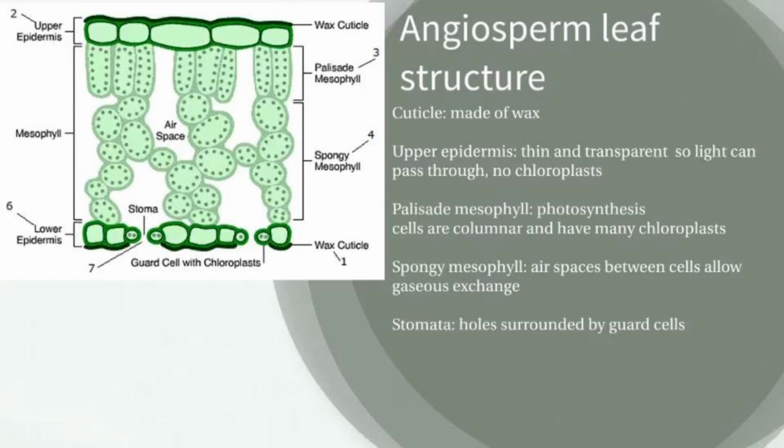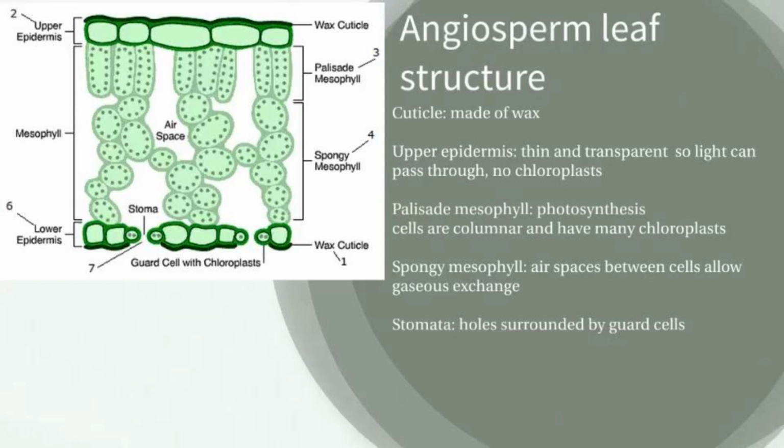And in the functioning of these spongy mesophyll is that there are lots of spaces in between the cells which are called air spaces, and these allow for the gaseous exchange of CO2 into the cells and oxygen out of the cells during photosynthesis. So the air spaces between the spongy mesophyll are really important, because without them there wouldn't be effective gas exchange to allow the cells within the leaf to photosynthesize.